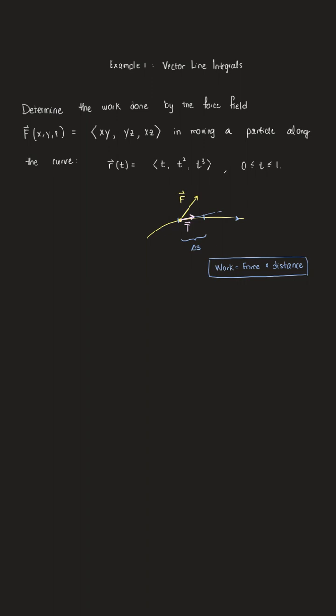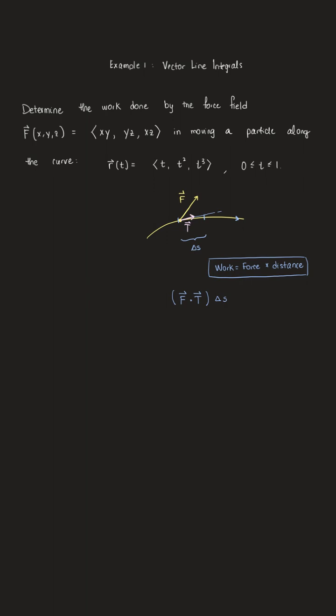So here, the component of our force along T, as we saw earlier, is just F dot T. That is a scalar component. And we multiply that by the distance, or a little piece of our curve, delta s. That gives us the contribution of our force to a very small piece of the arc length of our curve.